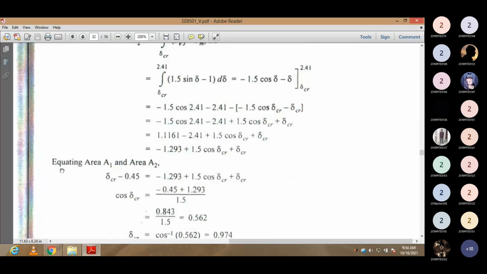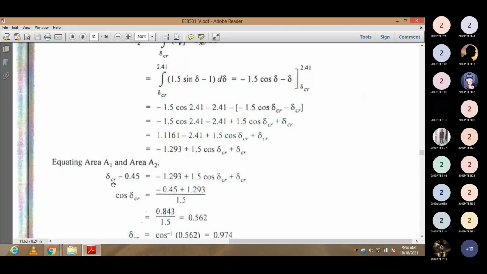So I am applying the equal area criterion. What is the equal area criterion? The condition is area 1 equals area 2. This is my area 1 value, del CR minus 0.45, and this is my area 2 value, minus 1.293 plus 1.5 cos del CR plus del CR. Now I bring my del CR.